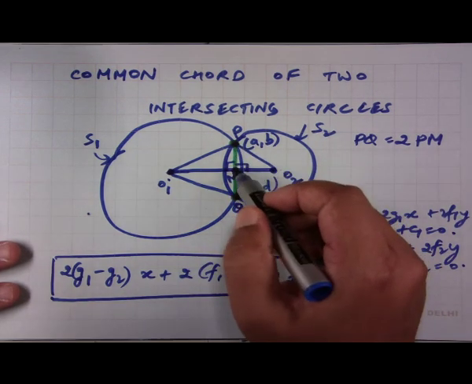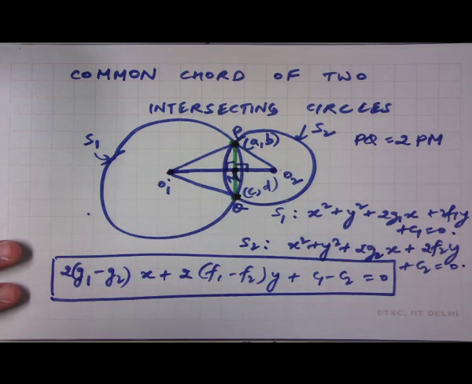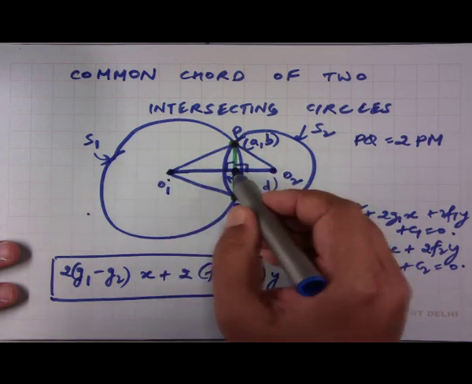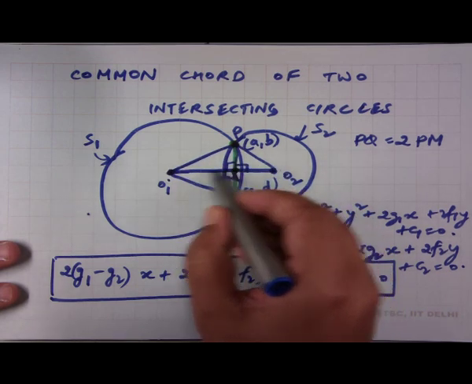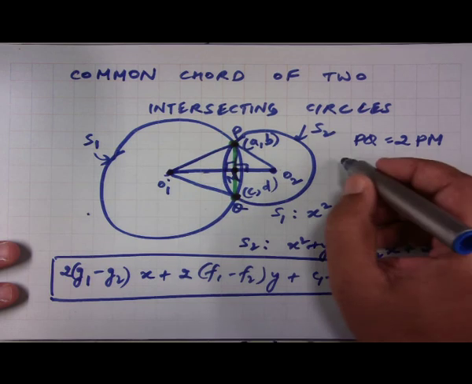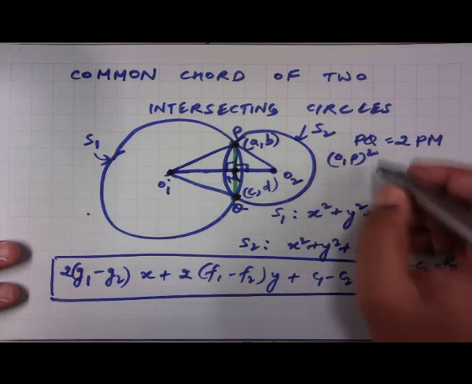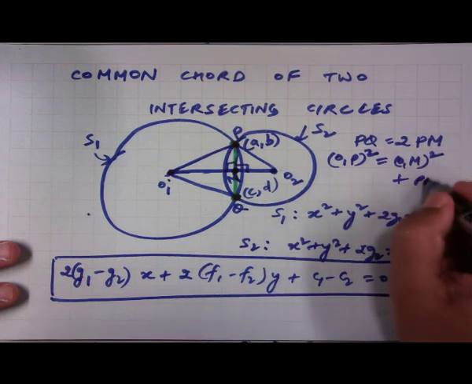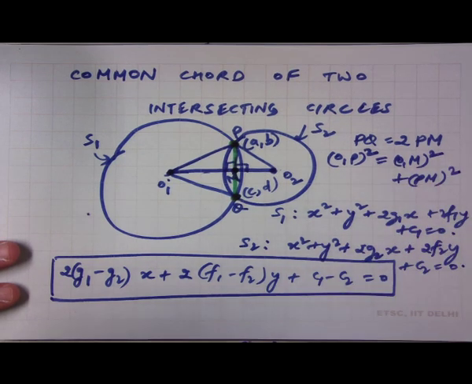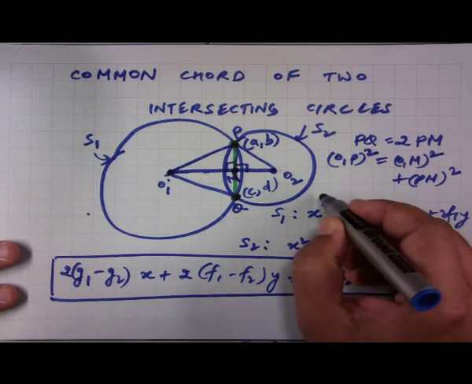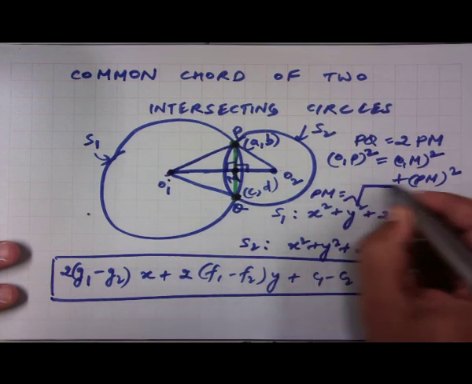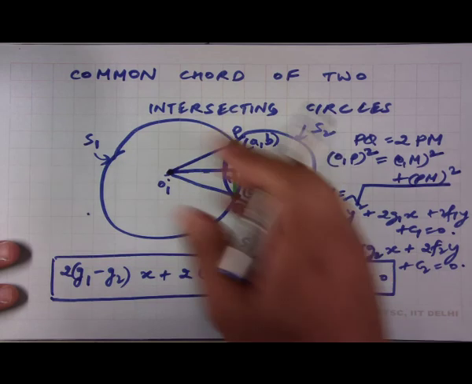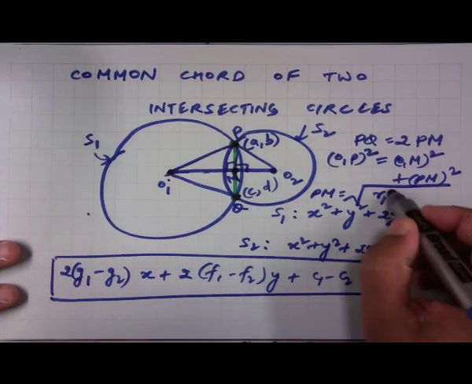Now, finding PM will not be very difficult, because if we see this triangle O1PM, it is a right angle triangle where O1P whole square is O1M whole square plus PM whole square, and therefore, PM is square root of, now O1P whole square is nothing but the squared radius of the first circle, let us say R1 square.